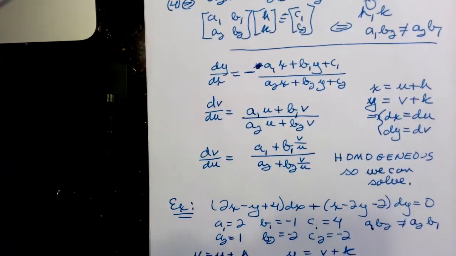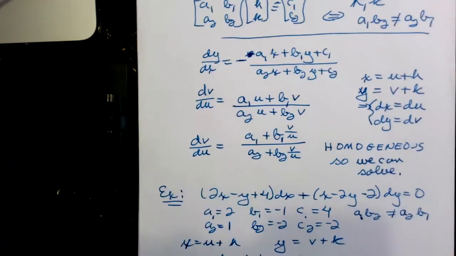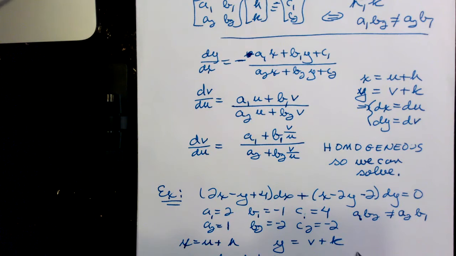So the system is that a1h plus b1k is minus c1, and a2h plus b2k is minus c2. So here, that gives me the equations 2h minus k is equal to minus 4, and h minus 2k is equal to 2.